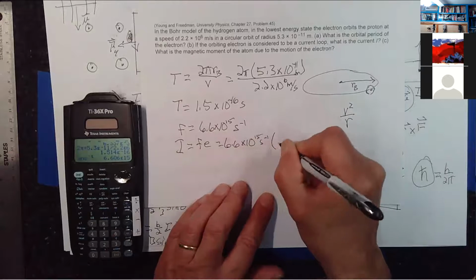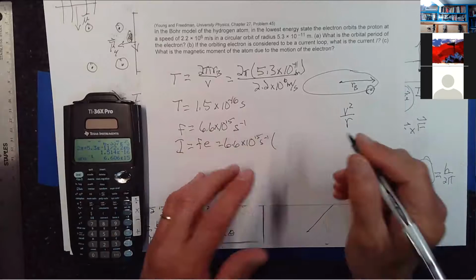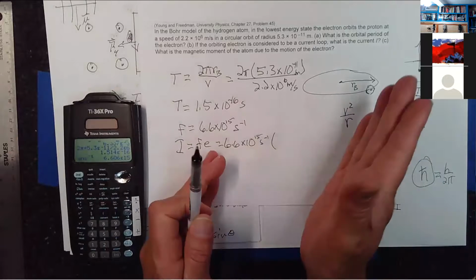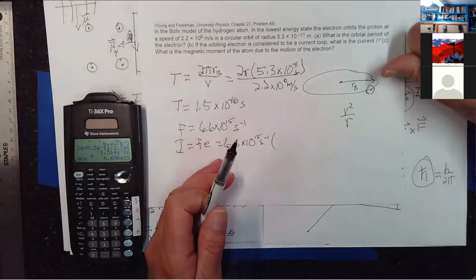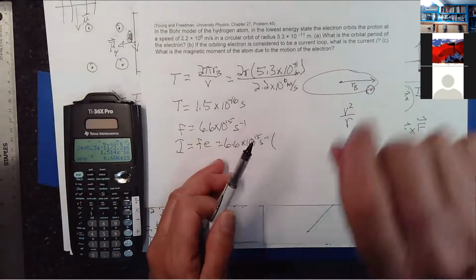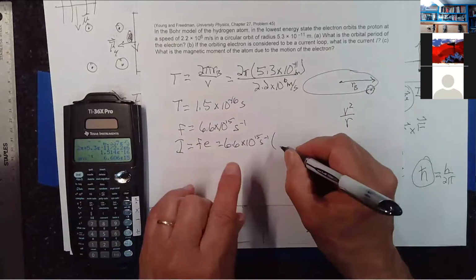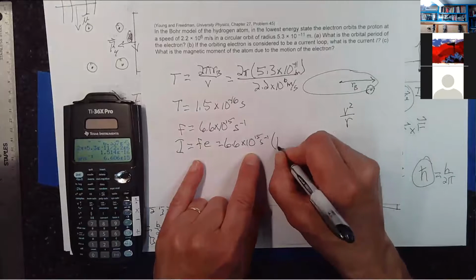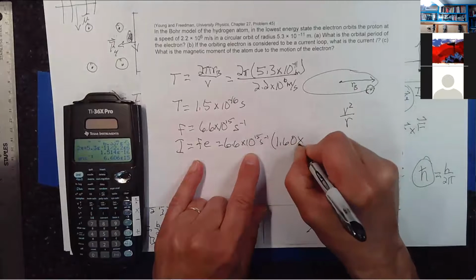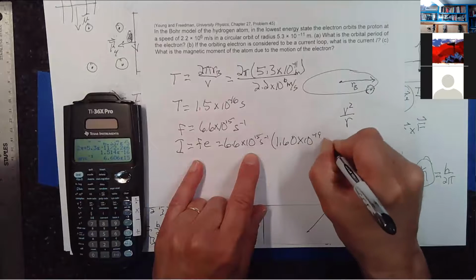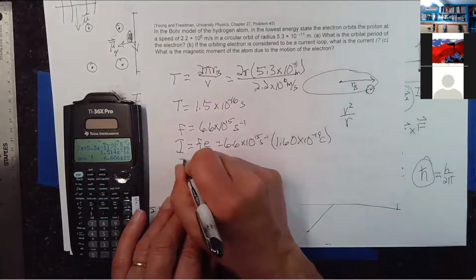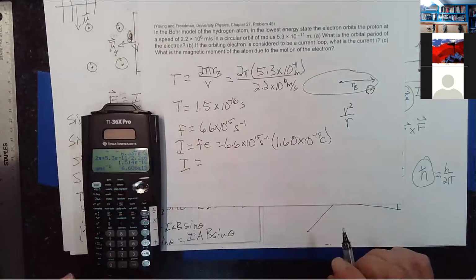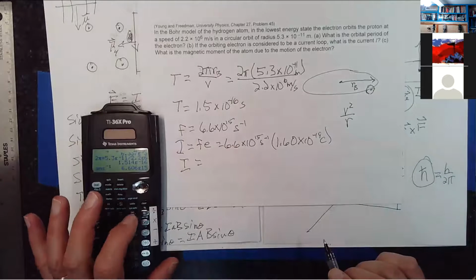And the electron has a negative charge, but we don't really care about it. We could think of a negative charge going that way would be a current going that way, positive current going the opposite direction. So 6.6 times 10 to the 15th, times 1.60 times 10 to the minus 19th coulombs. And so it's not a huge amount of current, but it's one little electron amounting to it, or making it.